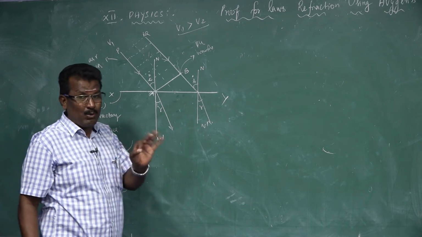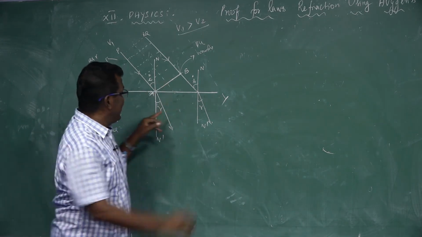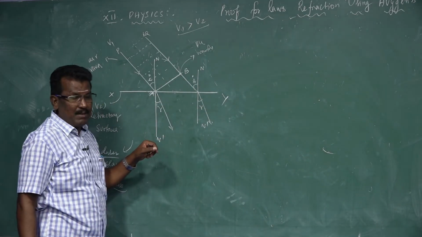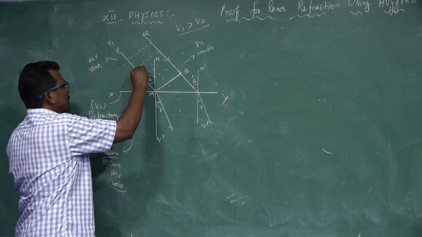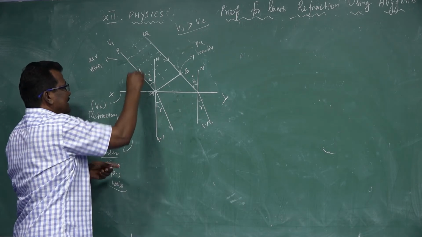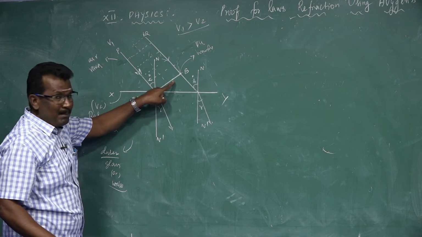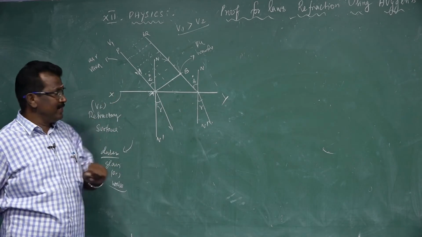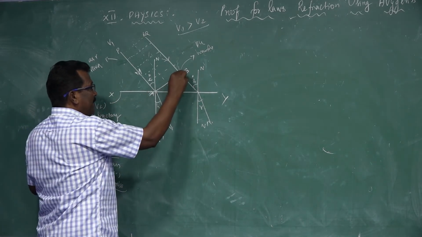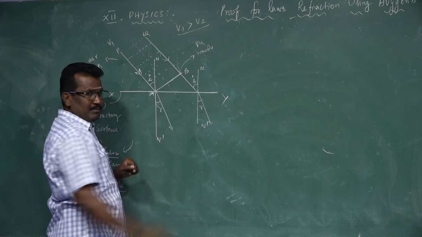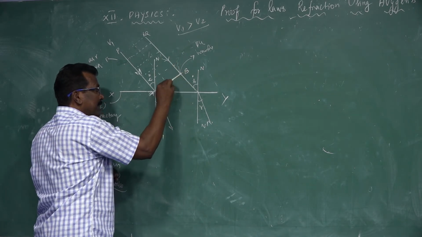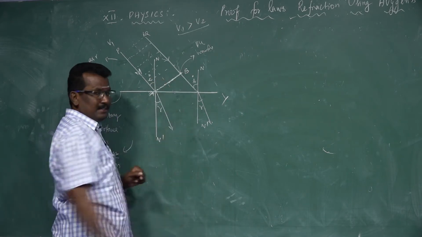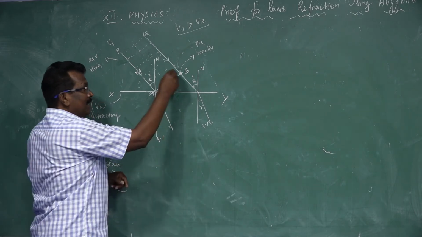But our aim is to prove that this wavefront must obey the law of refraction by using Huygens' principle. We know that ordinary light coming from the source and incident on the surface obeys it, but this wavefront must obey the law of refraction. According to Huygens, each and every point on the wavefront, AB, is considered to be a source of secondary wavelets.